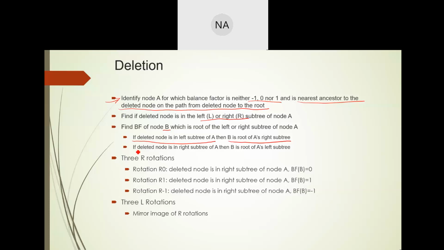In the second case, if the deleted node is in the right subtree of node A, then node B is the root of node A's left subtree. So the deleted node is in one subtree of node A, and node B will be the root of the other subtree of node A.